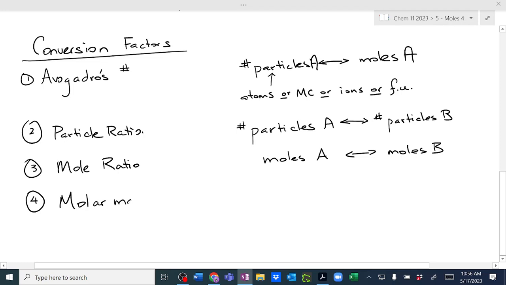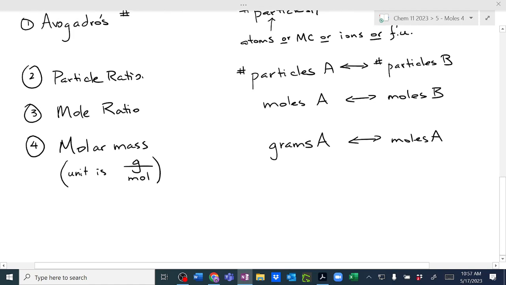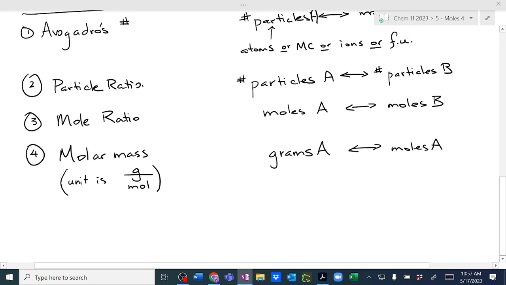What is the unit of molar mass? Tell your partner. Unit is grams per mole. So what can we use it to convert between? Grams of A and moles of A. All right, so those are the big 4 that we did to start with.